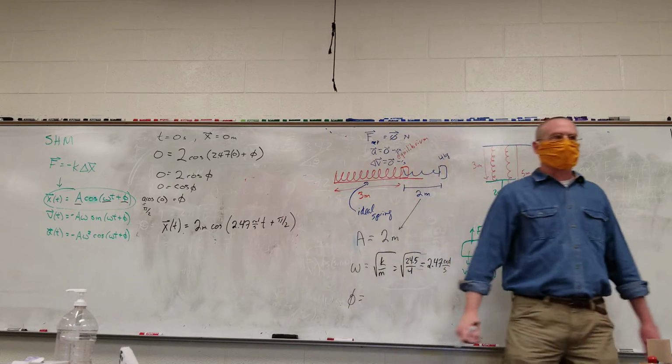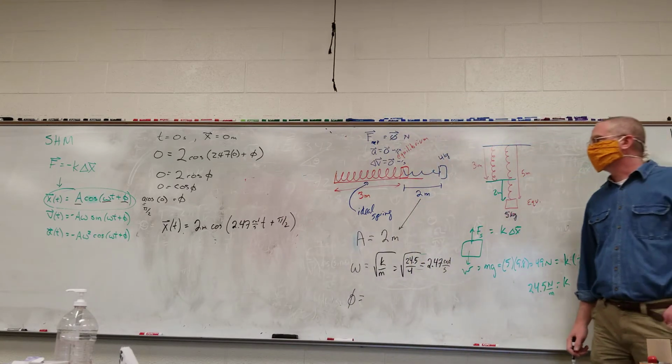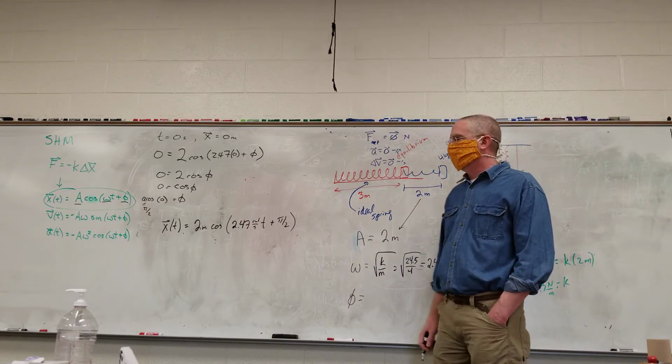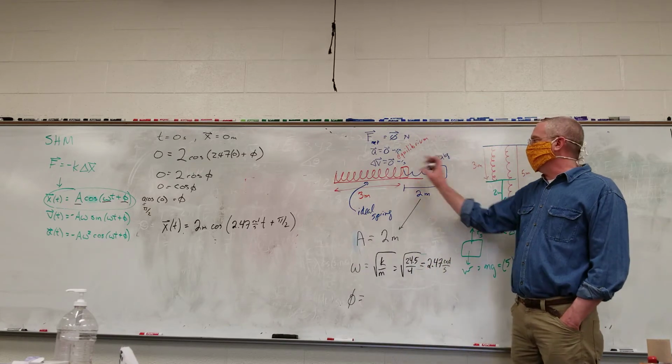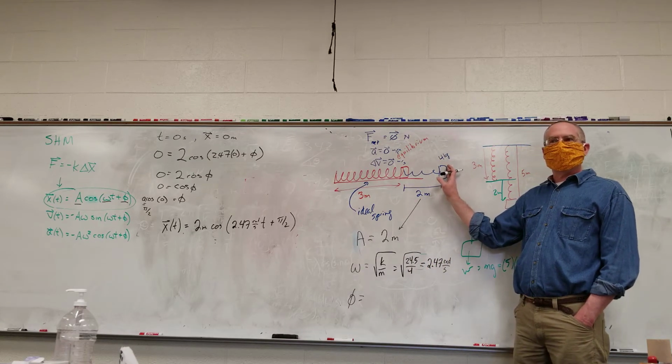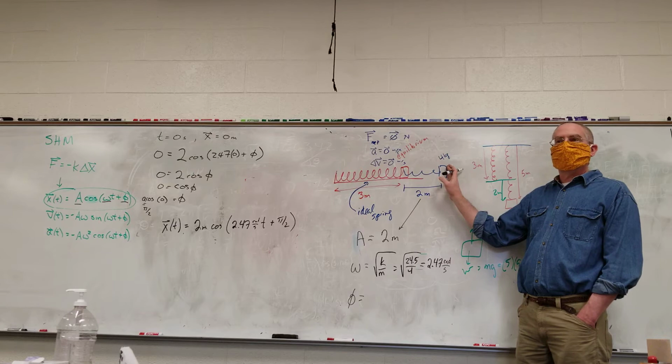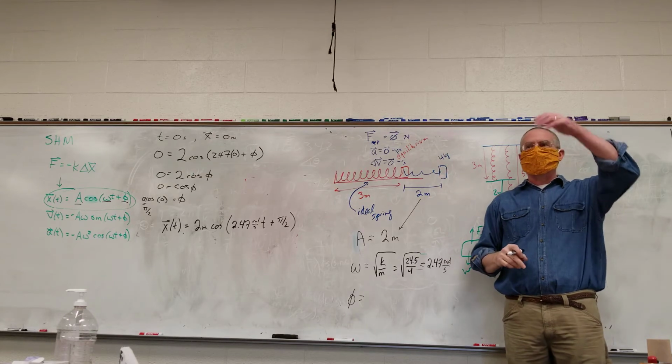That is the equation to describe the motion of it. If you had started time when it was out here, then phi would have been 0, because cosine starts out at a maximum.